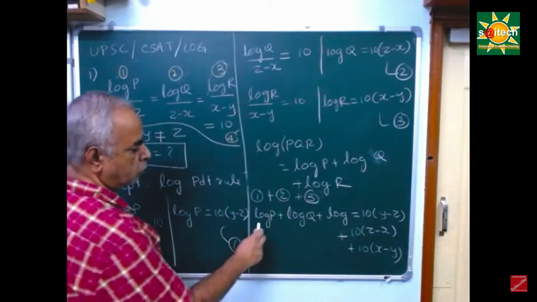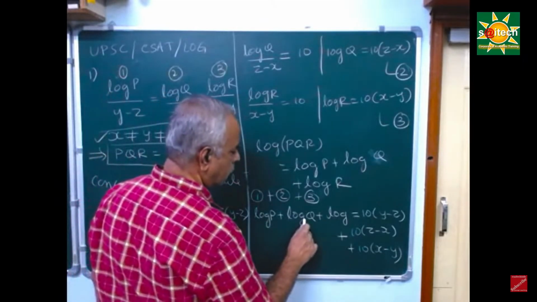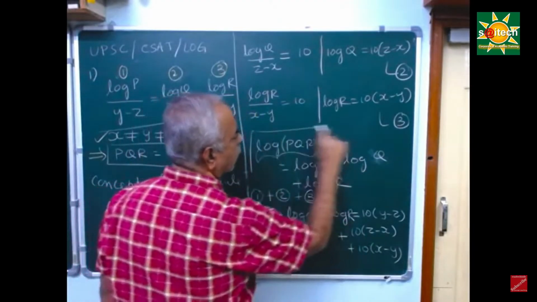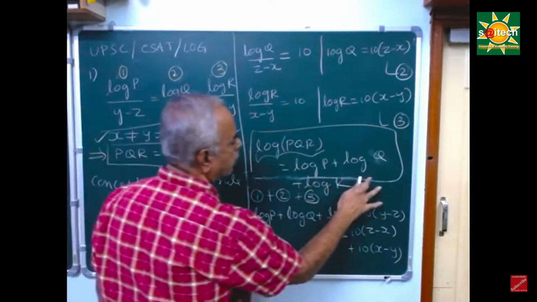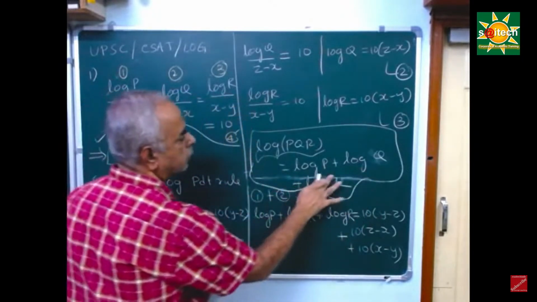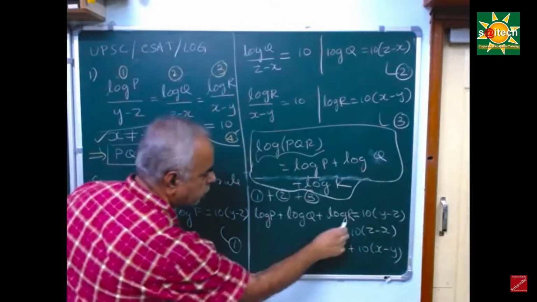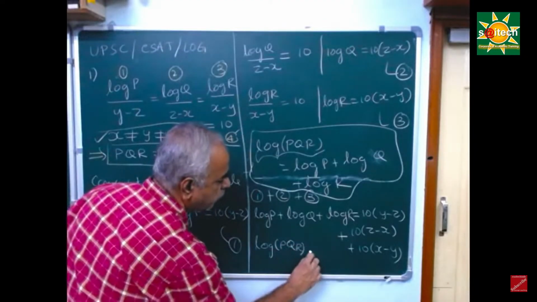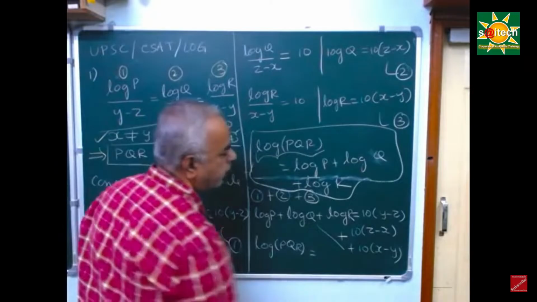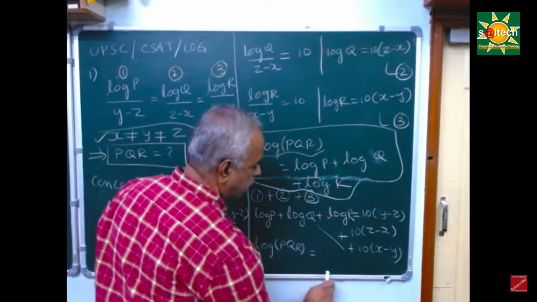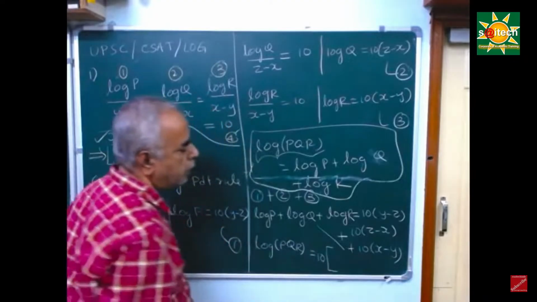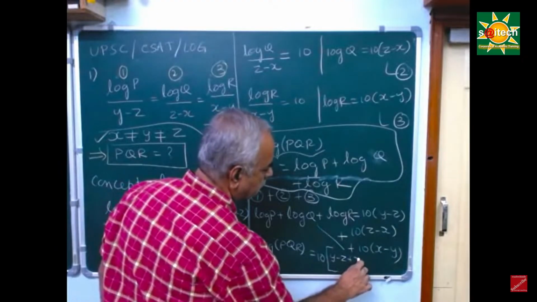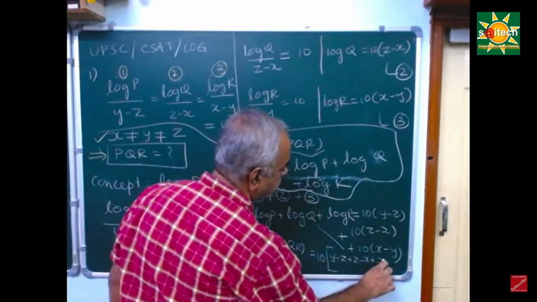Now log P plus log Q plus log R is equal to log PQR according to our definition. So we can convert this as log of PQR by applying the product rule. That is equal to, here 10 is common, you can take it outside the bracket, and the remaining terms can be added: y minus z plus z minus x plus x minus y.